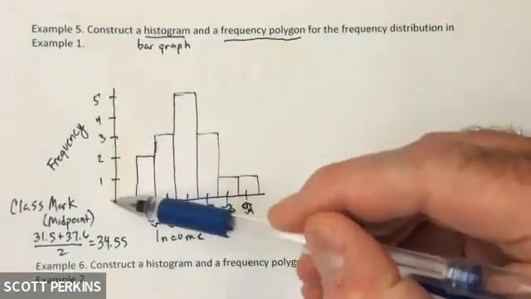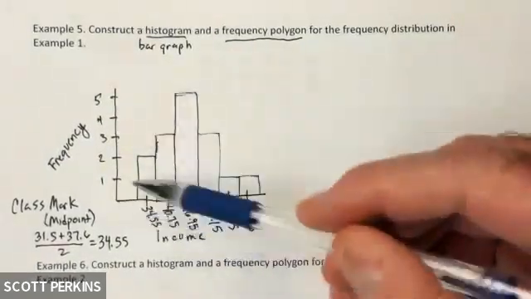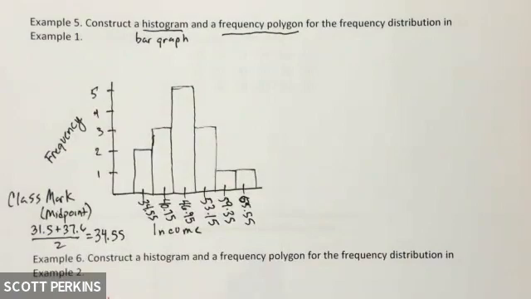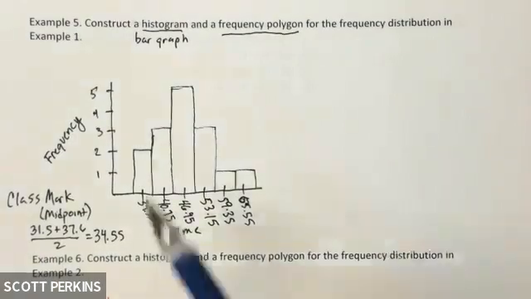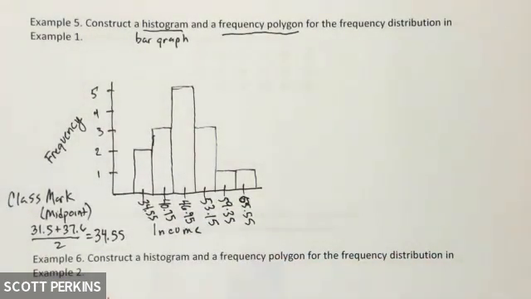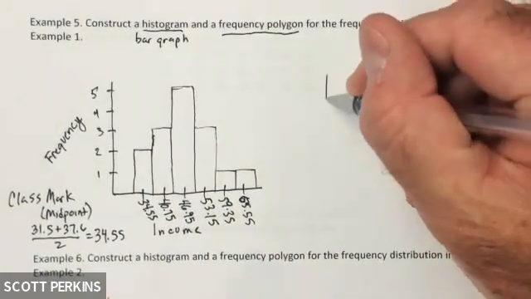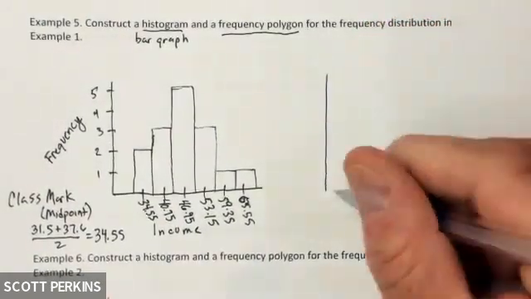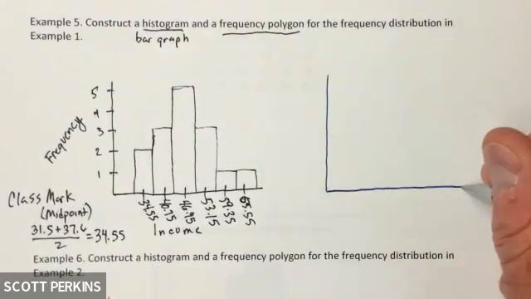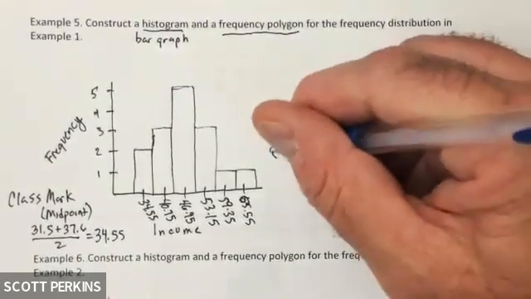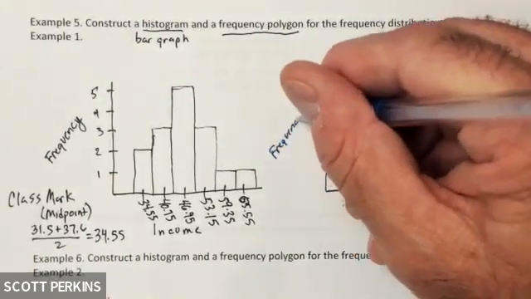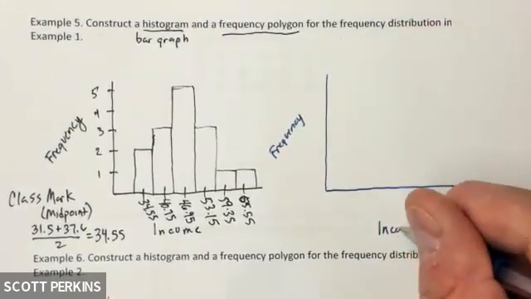So I'm just going to redraw my shell here, the axis and the frequency and the income, and then I'm going to wait for you, because instead of bars, a frequency polygon is something different. The good news is there's almost nothing new for me to learn here.